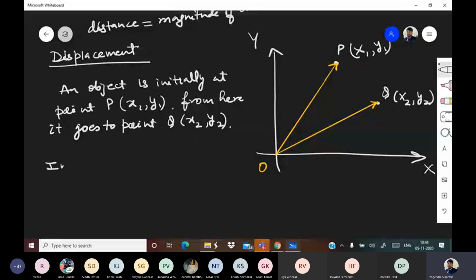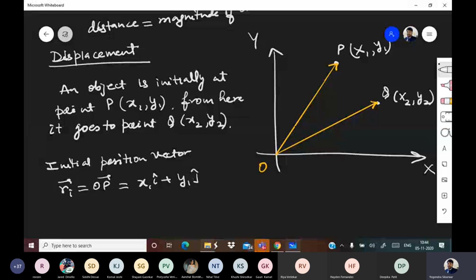So initial position vector. R initial is equal to OP vector, and that will be x1 i cap plus y1 j cap.